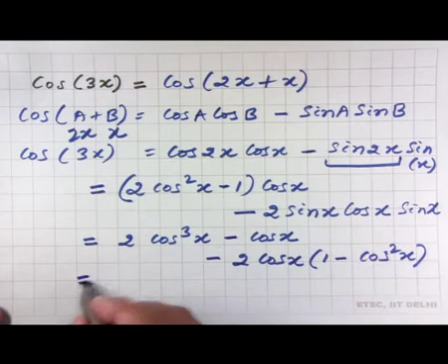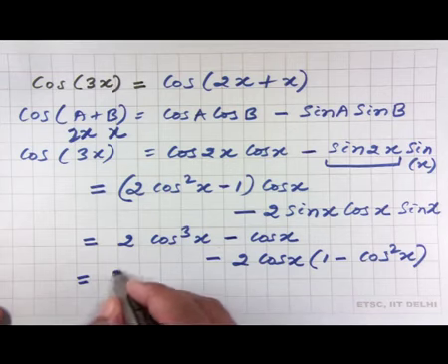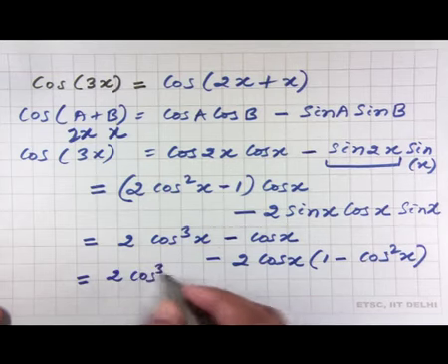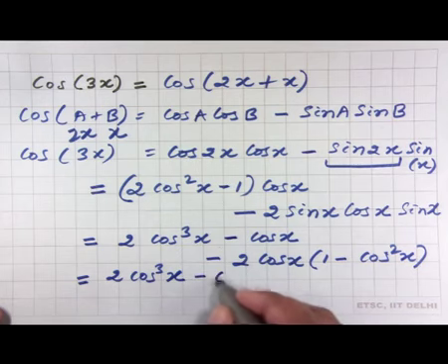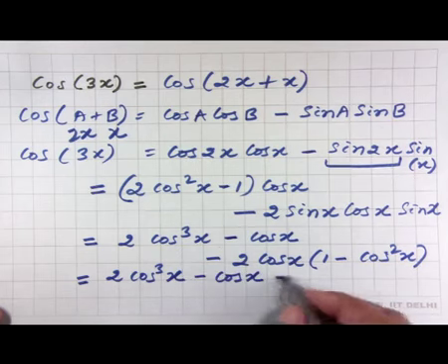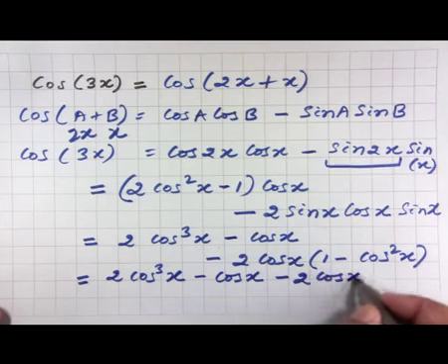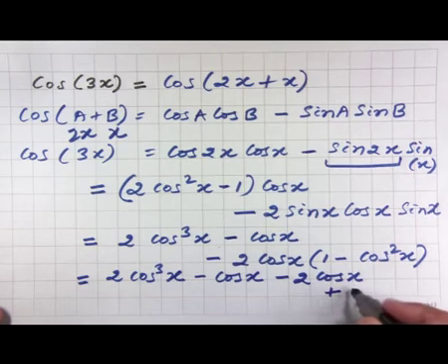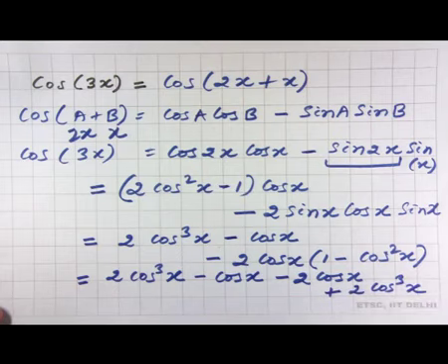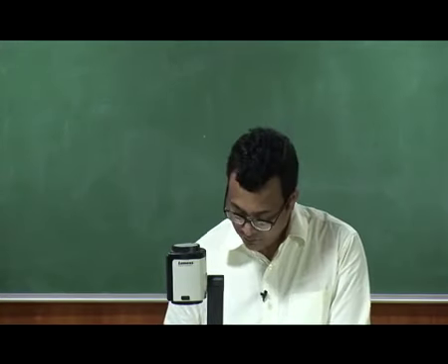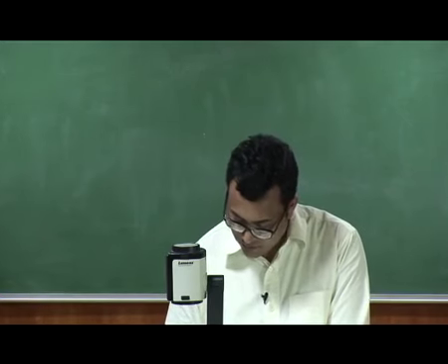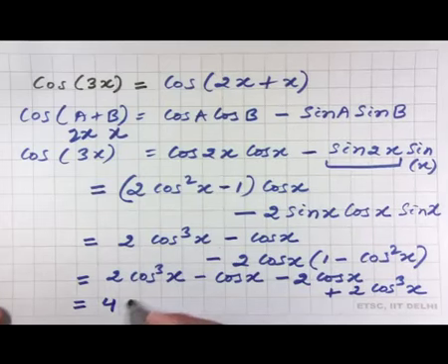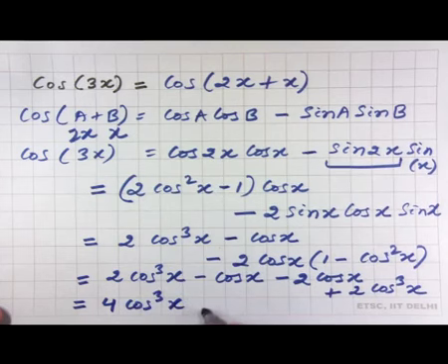So, finally, we get two cos cube x minus cos x minus 2 cos x plus 2 cos cube x, which is equal to, so 2 cos cube x here and 2 here, so that becomes 4 cos cube x minus 3 cos x.